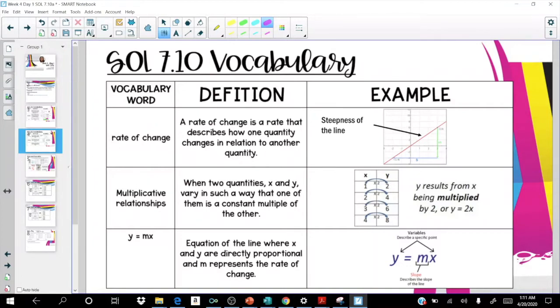X is also called your independent variable, and y is called your dependent variable. Y is dependent upon what x is because m will not change. It is a constant rate of change. So when you multiply x times m, you will get y.